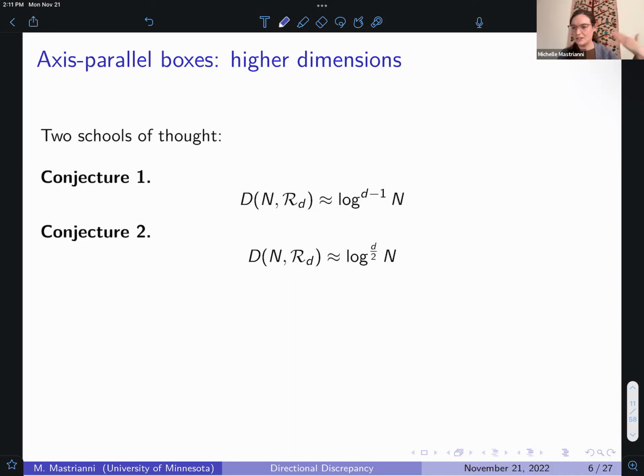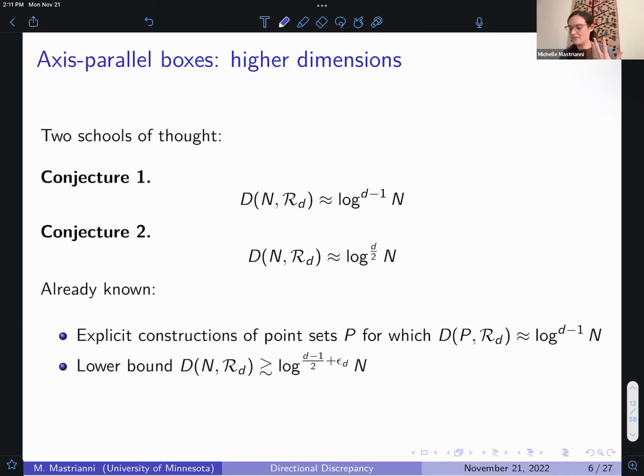So you gain a log in every dimension. And the reason for this is that there already are known explicit constructions of point sets which achieve this discrepancy. And they're higher dimensional generalizations of very classical examples of 2-dimensional point sets with logarithmic discrepancy. So we already have these explicit constructions. So this is one school of thought.